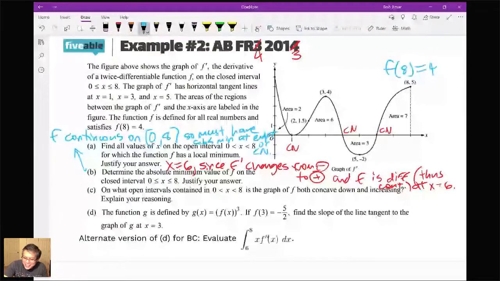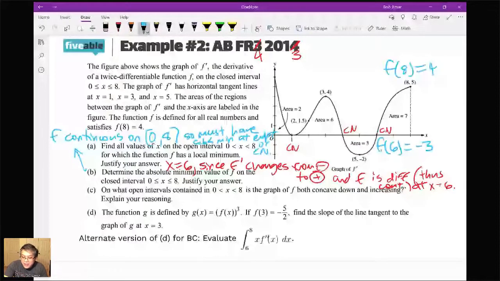And so f of 6 must be -3. Because in order to get to f of 8 equals 4, you accumulate an area of 7, that means you go from -3 to 4. So I'm just going to subtract these areas. And by the way, the signed area is -3.